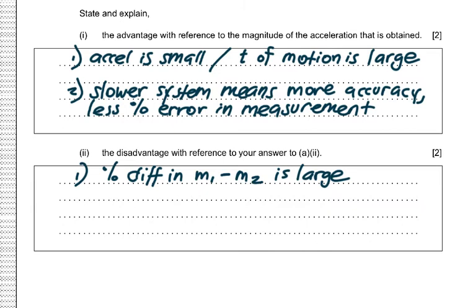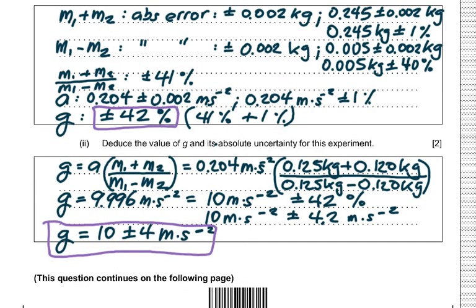Sounds hunky-dory. But if the masses are close to each other in value, there's going to be a large percent difference in M1 minus M2. Let's revisit. So notice in the M1 plus M2, that percent difference was 1%, no big deal, correct. However, M1 minus M2, that percent difference was a whopping 40%.